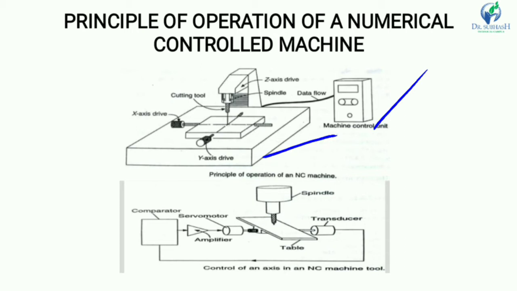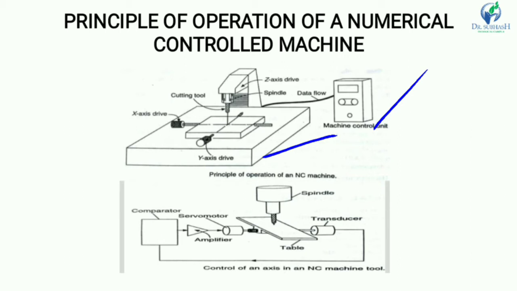The CNC machine differs from the conventional manual machine in several respects, and the principle of operation of a numerical control machine can be explained with this figure. The figure shows a vertical milling machine carrying out an operation like end milling.